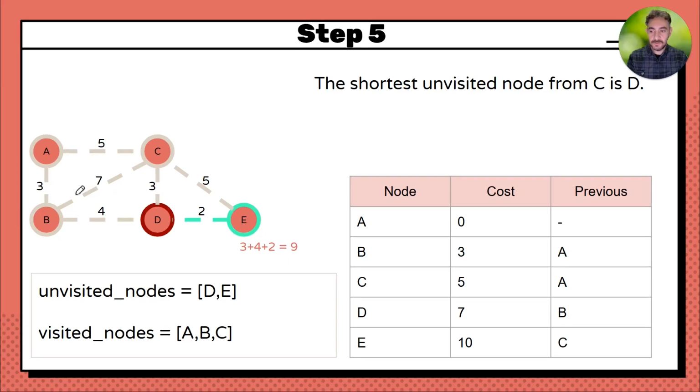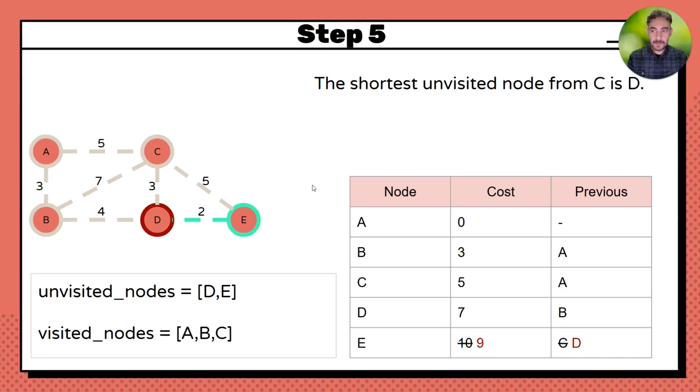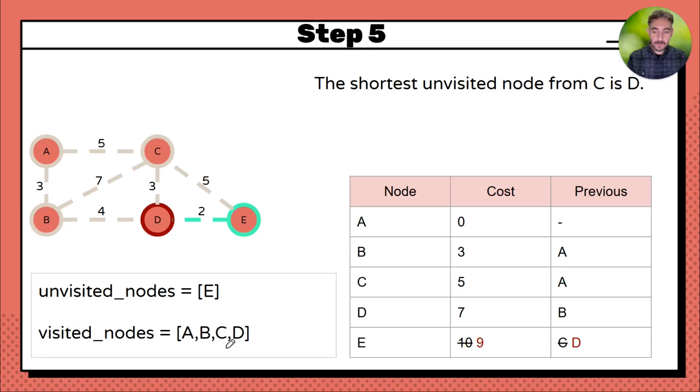As you can see, if we were to take this path, 3 plus 4 equals 7, plus 2 equals 9, that leaves us with a new updated path for E. So now we update our value for E because we have a shorter path, and we also change the previous node from C to D because this is a shorter path to E. We can now also update our visited nodes list with D.